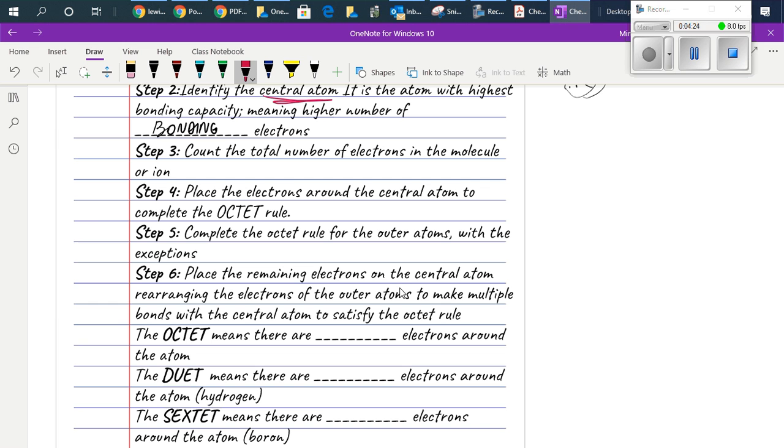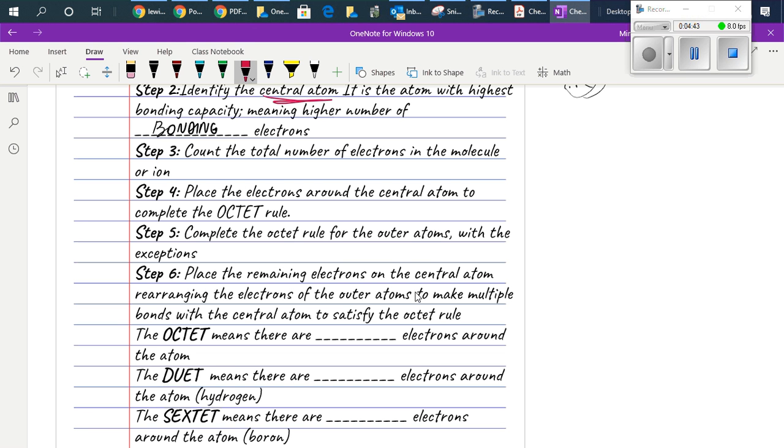We'll start with the central atom, completing the octet rule, and then we'll move to the outer atoms and complete the octet rule, with exceptions. And then if there is any remaining, we will place them as multiple bonds on the central atom.